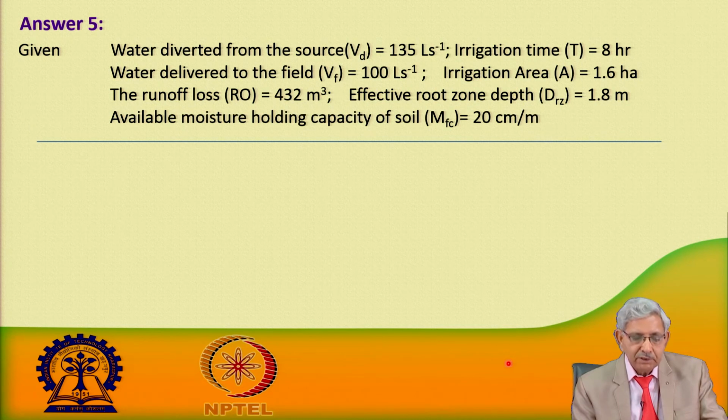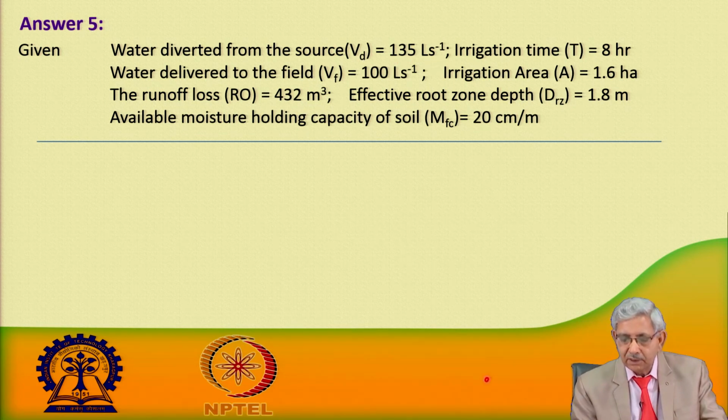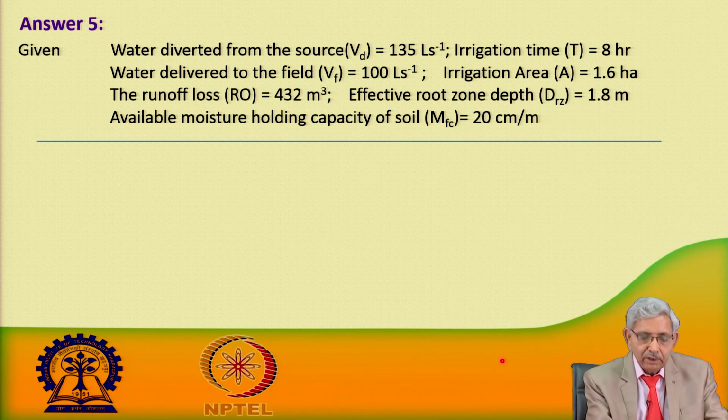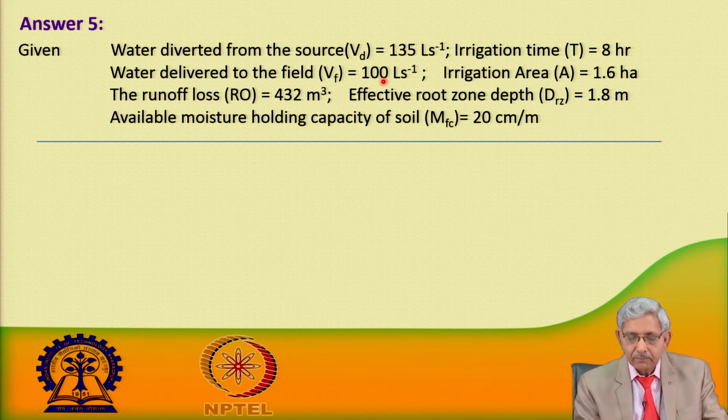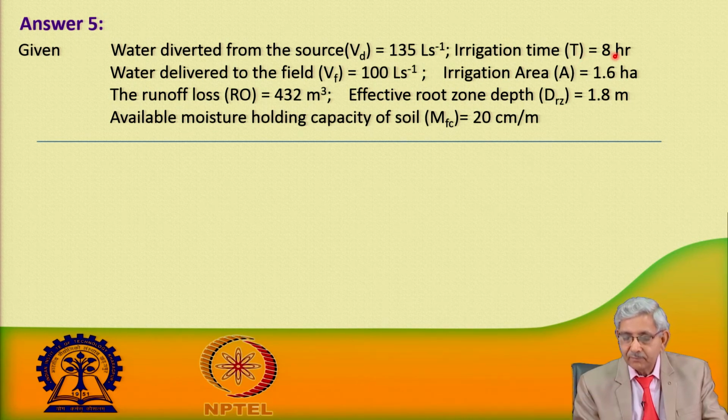So, once again I am reading here: water delivered from the source is 135 liter per second. Water delivered to the field is 100 liter per second, and this water is delivered to the field for 8 hours.